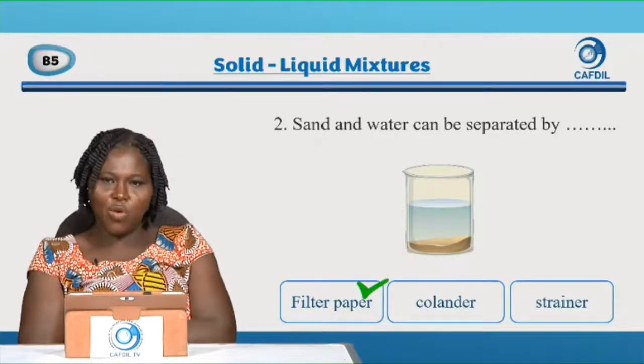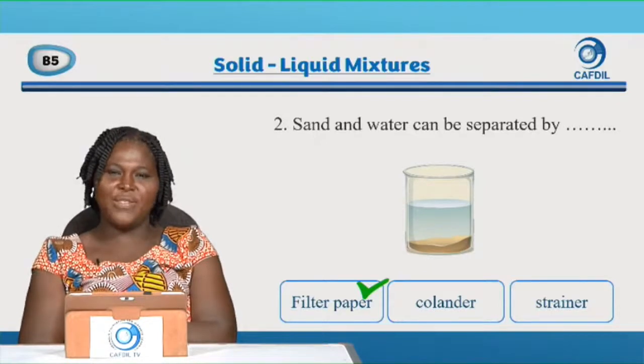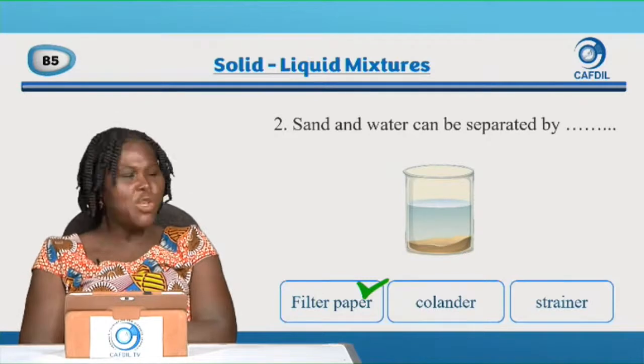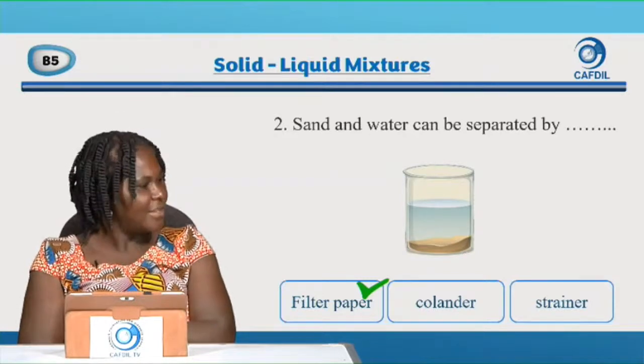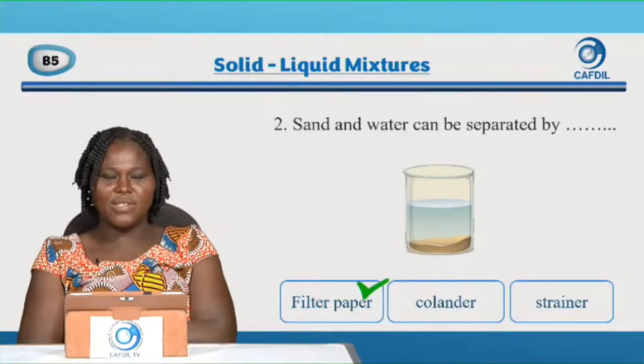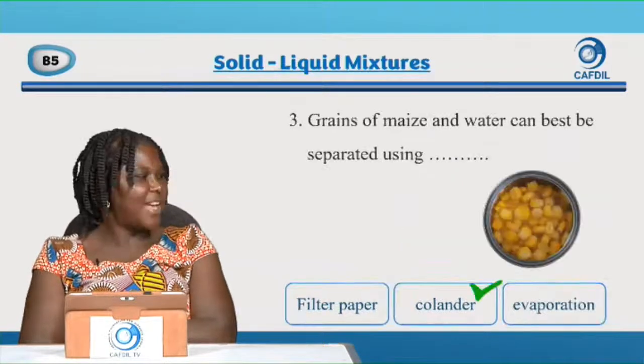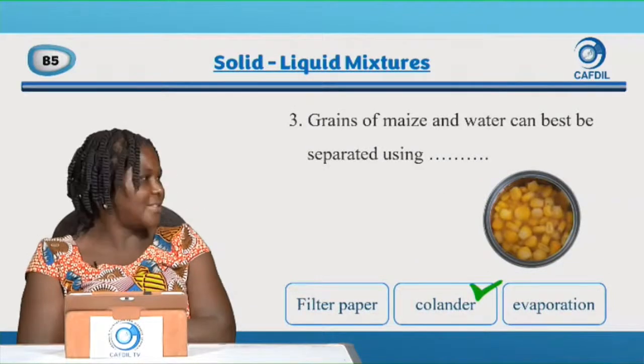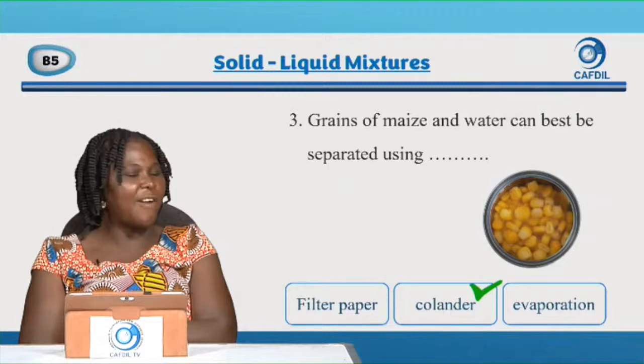Why? Because the particles of the sand are very, very small, so we can't use a colander or strainer. We use filter paper. We use a colander for grains of maize because the particles are very big and they cannot pass through.